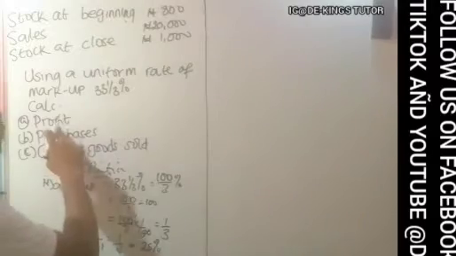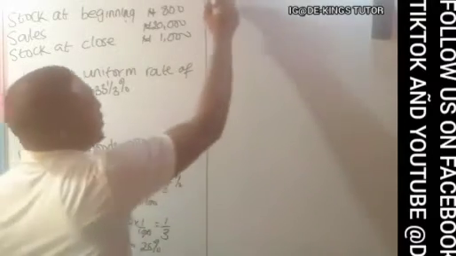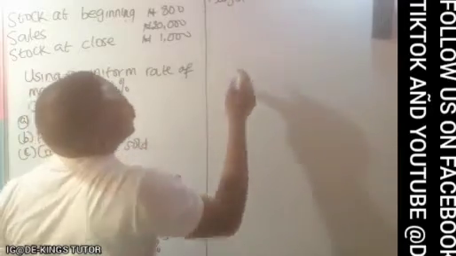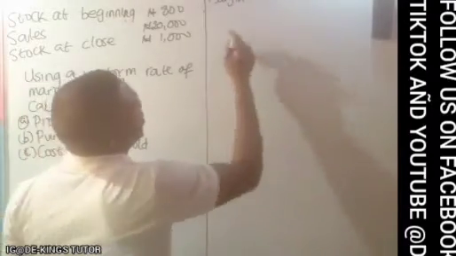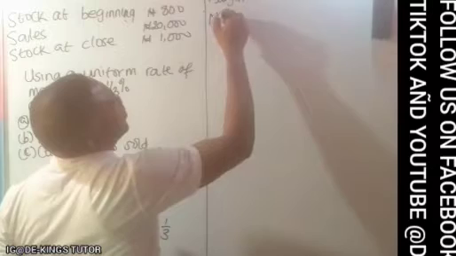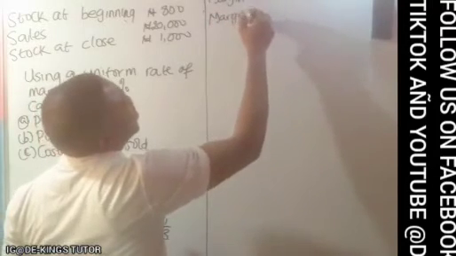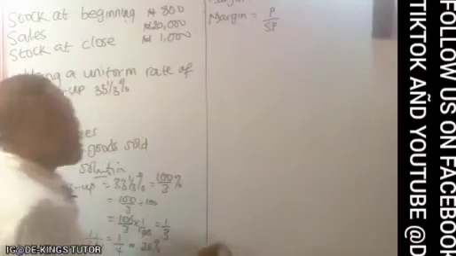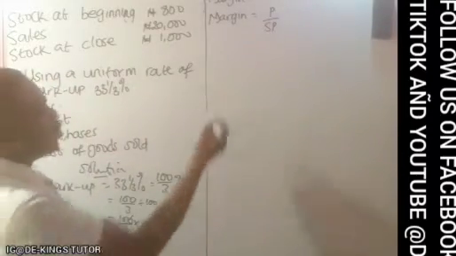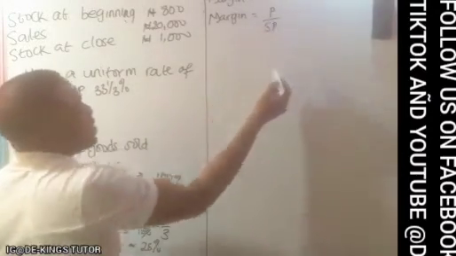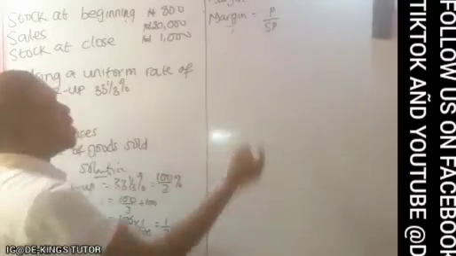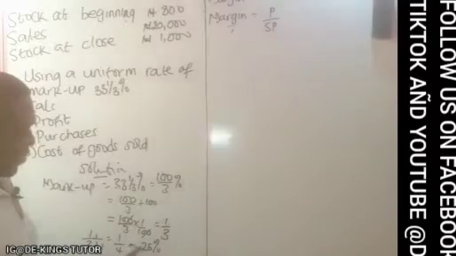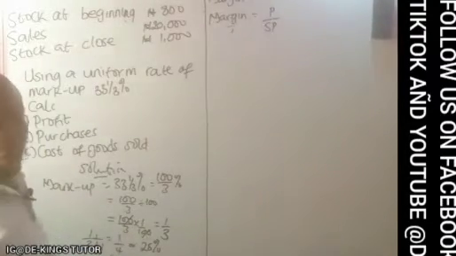Now the first thing they say we should look for is the profit. Remember, the margin is the relationship between the profit and the selling price. So margin equals the profit over the selling price. The margin we've converted here, they gave us in markup, so we converted to 1/4.